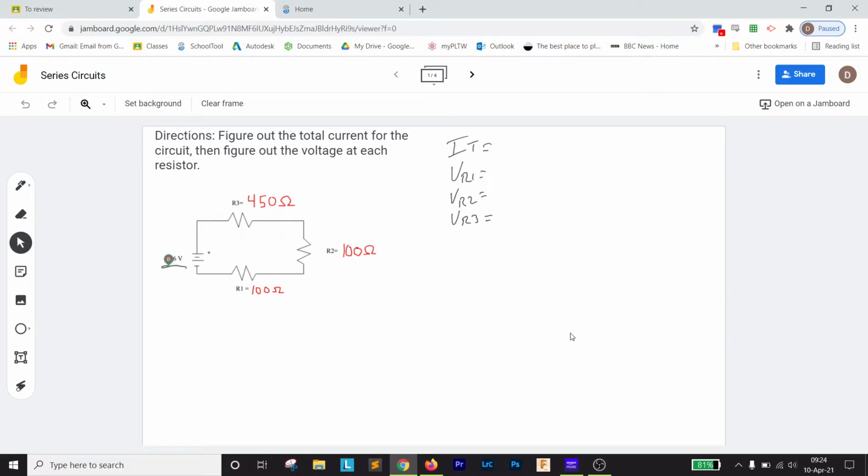See that right over here? So that's pretty easy. And then the resistance total I can get by adding all of these up. So we've got 100 plus 100 plus 450.